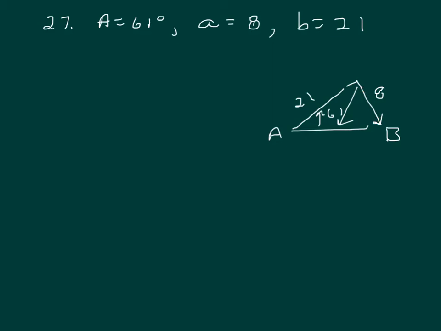Side 8 could be drawn this way or this way, so therefore we would have to say that this triangle is not solvable. Note again that this is the SSA case, which can be ambiguous, and in this case it is. We could solve for both triangles, but we cannot say which triangle is assumed here.